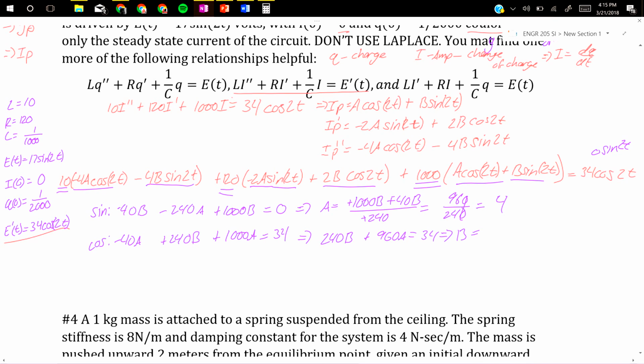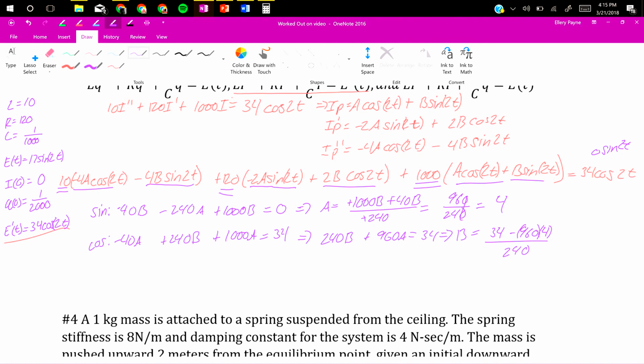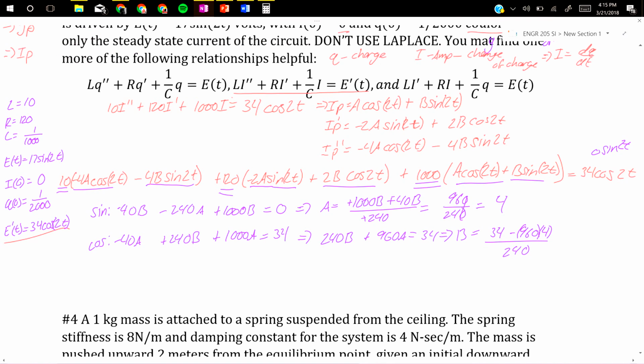B equals 34 minus 960 times 4, all divided by 240. Not sure how well it's going to work out. So I'm going to use a calculator, actually no, I won't use a calculator because I want to show that you all can do it too without needing a calculator. A little bit harder, but not that much more.